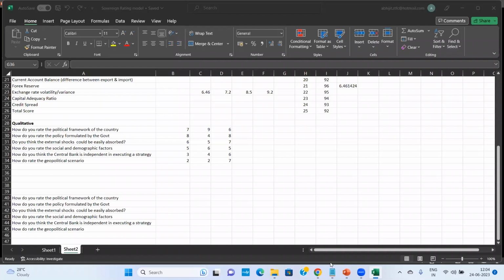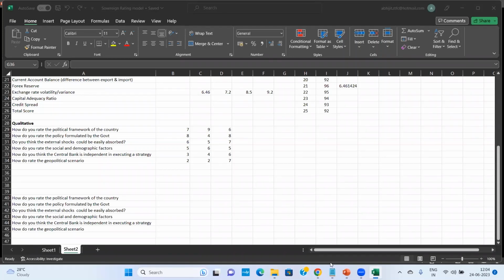Hello. I don't know what Praveen will say. I don't know how this model is familiar to the model they are working for sovereign rating. I'm not sure. Thank you, Praveen.